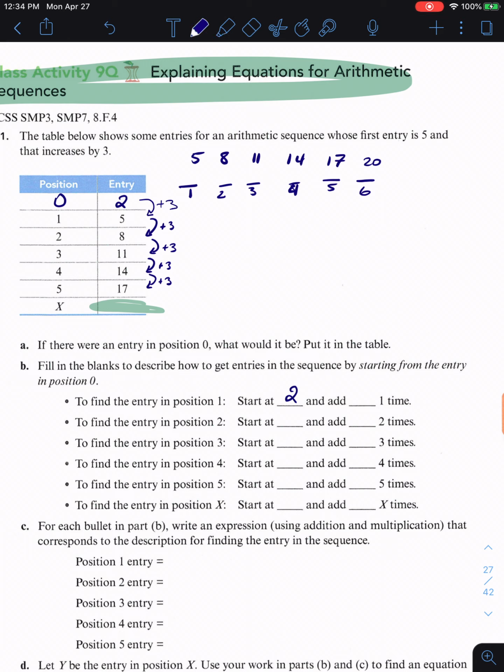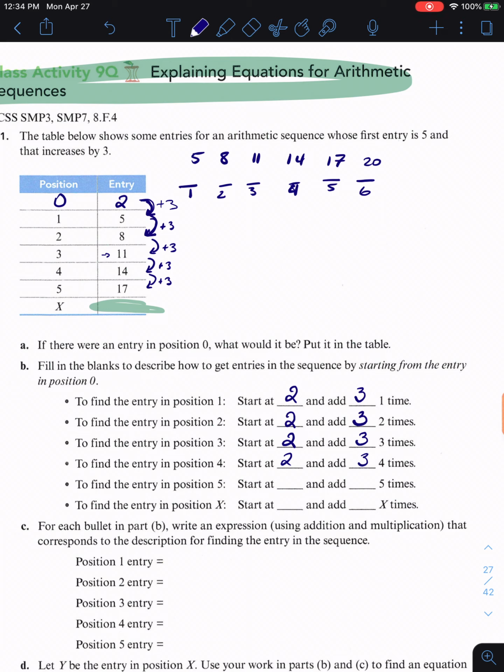Now to find the entry in position 2, we're going to start at 2. And how many times do we need to add 3? Well, this is 1 time, 2 times. So we need to add 3 2 times. Now, if we're looking at the entry of position 3, if we start at 2, we need to add 3 3 times, and so on.